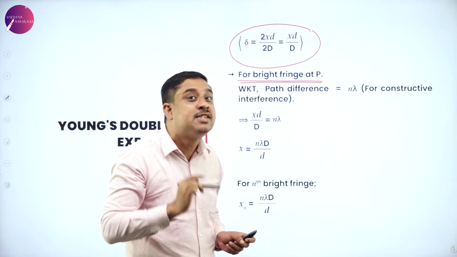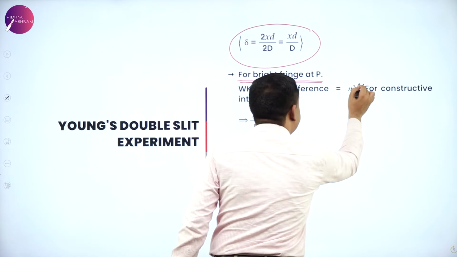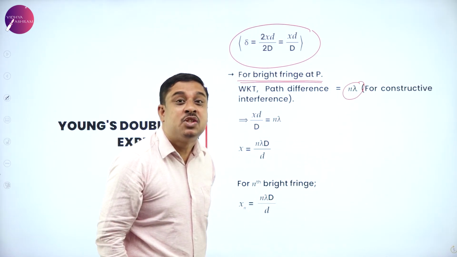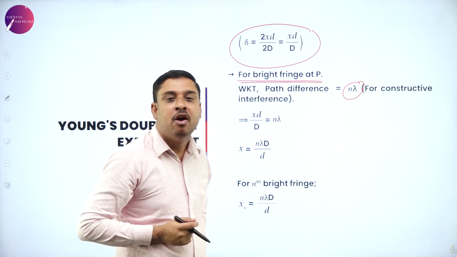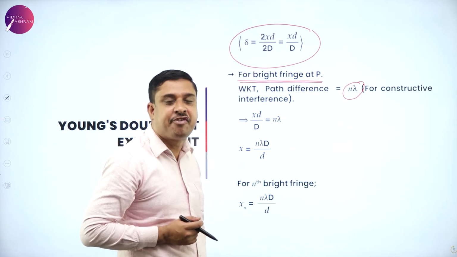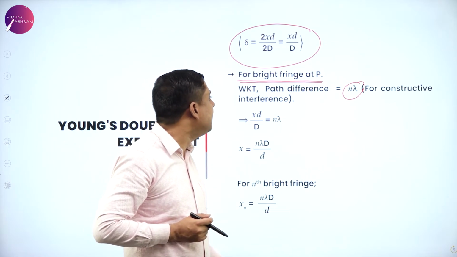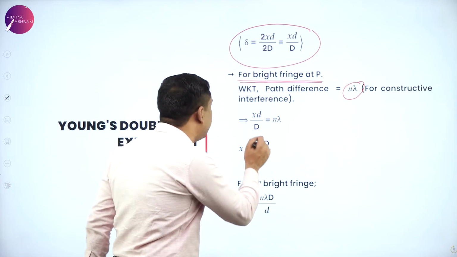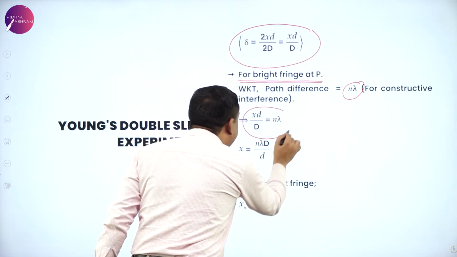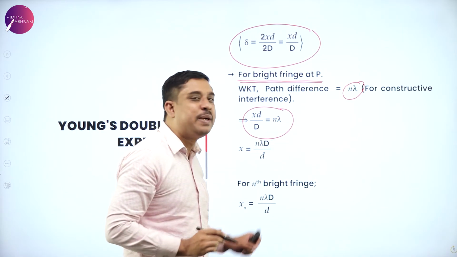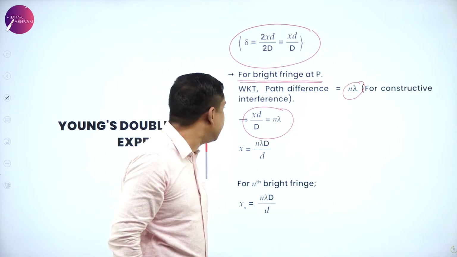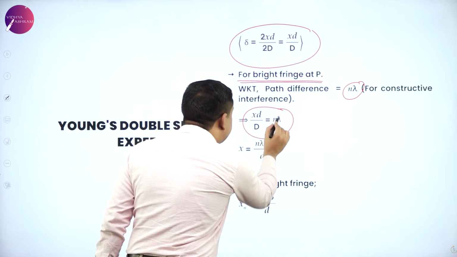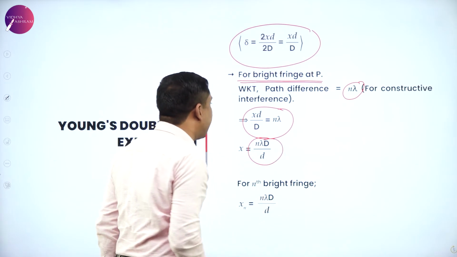Constructive interference, formation of bright fringe, that is n lambda. So this path difference that we calculated, Xd divided by capital D, equals n lambda. So this X is n lambda D divided by d.